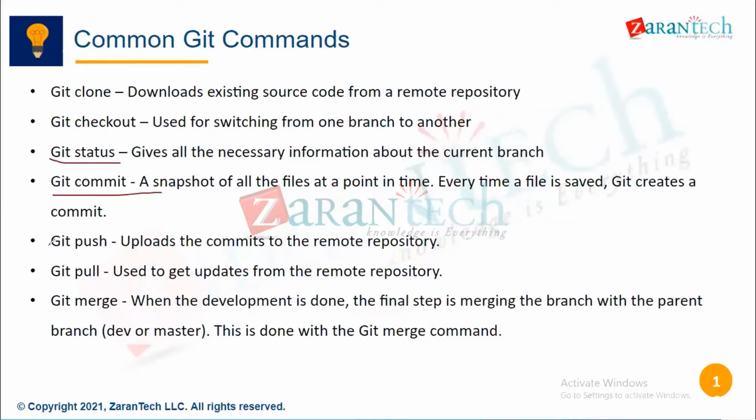This we did. This we did. This we did. That's it. Only 3 things we did. Status, which gives the information. Commit, which gives you the commit. And push, which will actually upload the commits to the remote repository. Okay, we need to do the rest of the other things. We'll do it slowly.